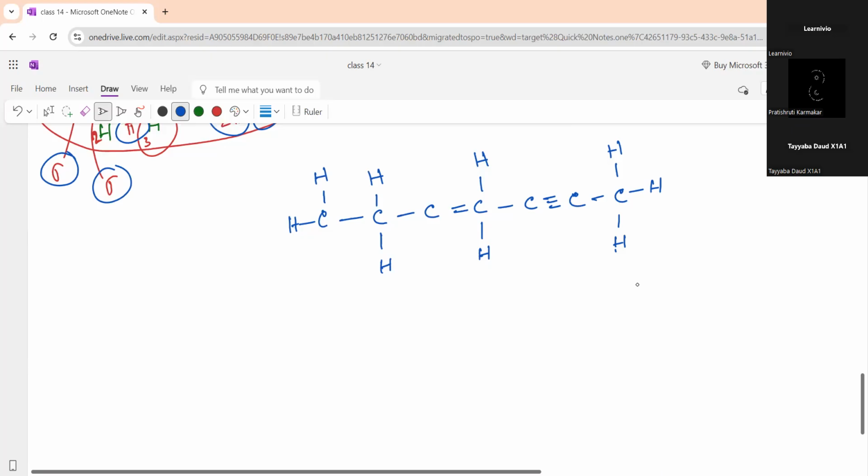No, first tell me if the valency of all the carbons is satisfied. Or we need to add some more bonds to some carbon or remove some bonds. Check if all the carbons have 4 bonds or not.